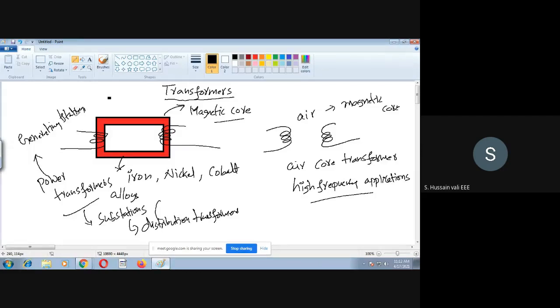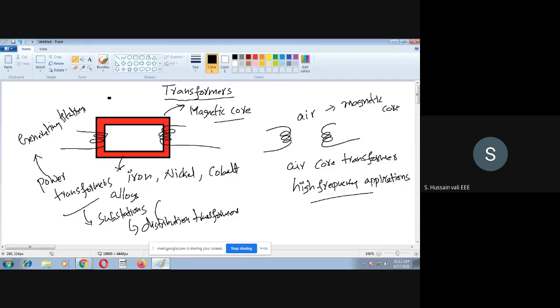Of course, we will briefly know later also what a power transformer is and what a distribution transformer is. Whenever we get the opportunity, or whenever we need, we will discuss more about the power transformers and the distribution transformers.